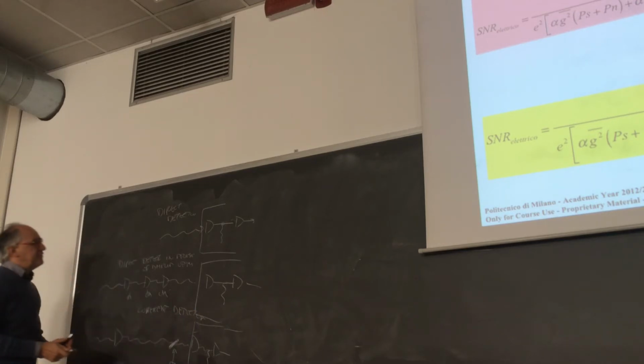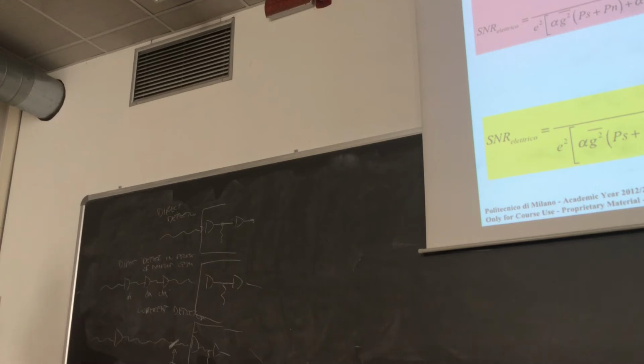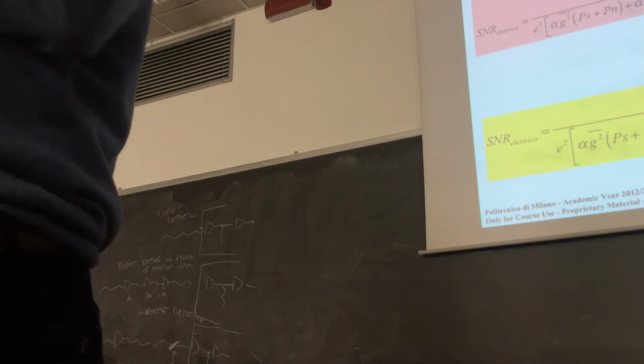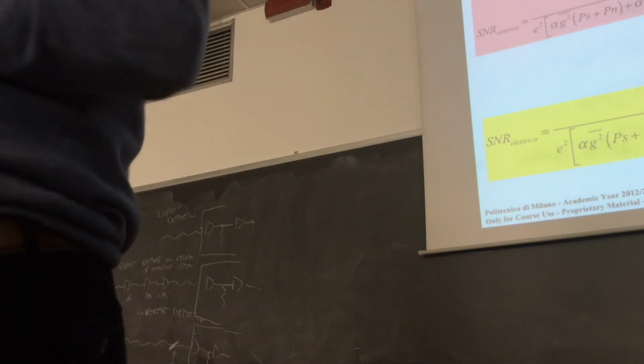In all these three cases, 1, 2, and 3, we always consider this expression, okay? So we never move from this expression, but simply we study how the different terms move, okay? You understand? So we have three cases. Direct detection, that is the most trivial detection, a photodiode behind the light.